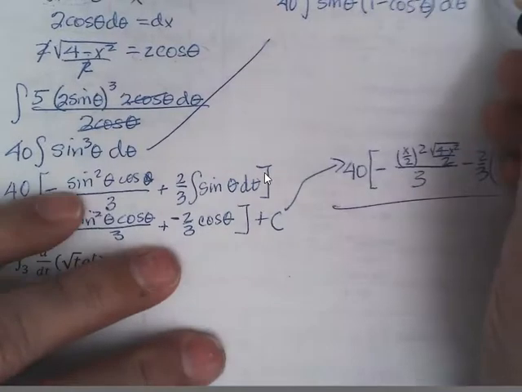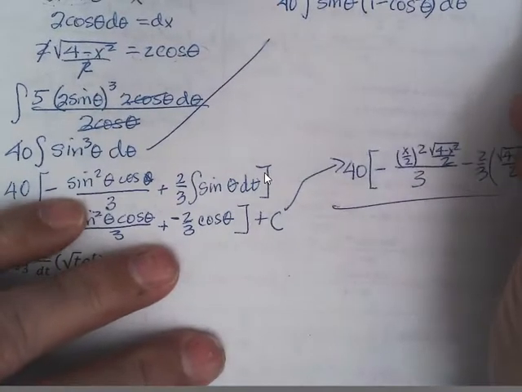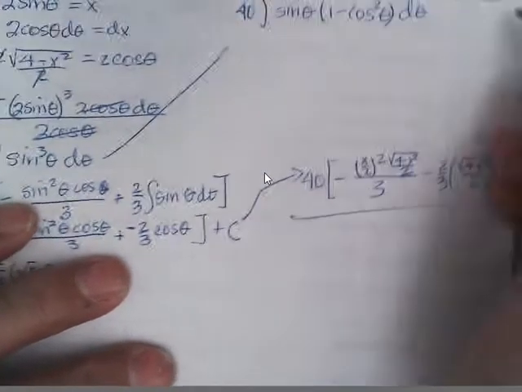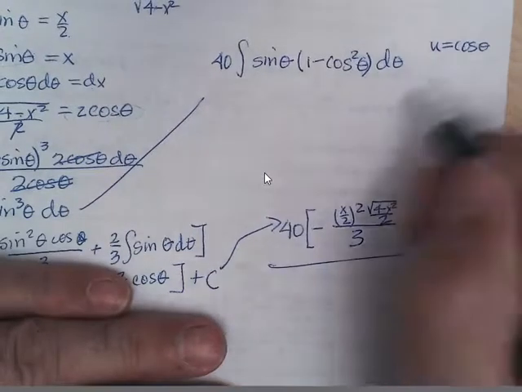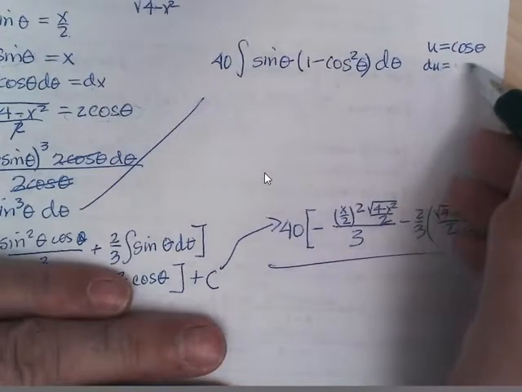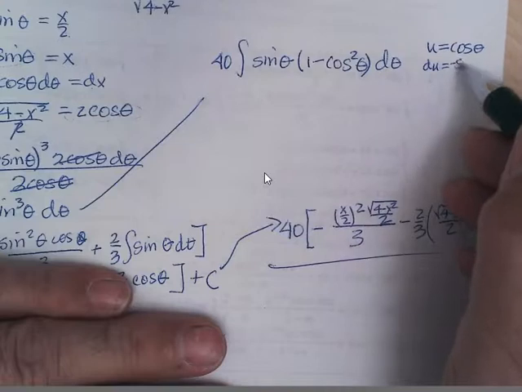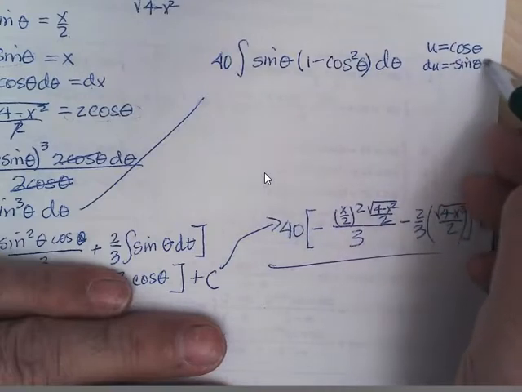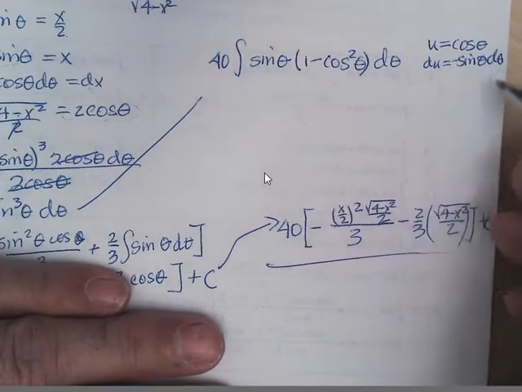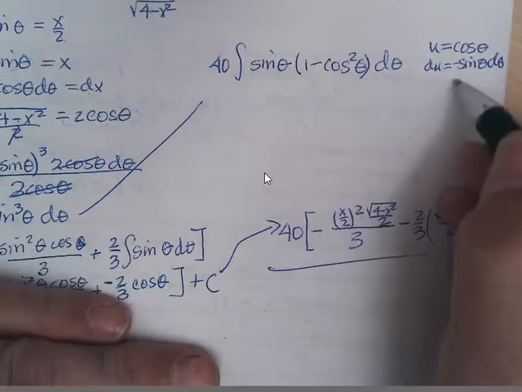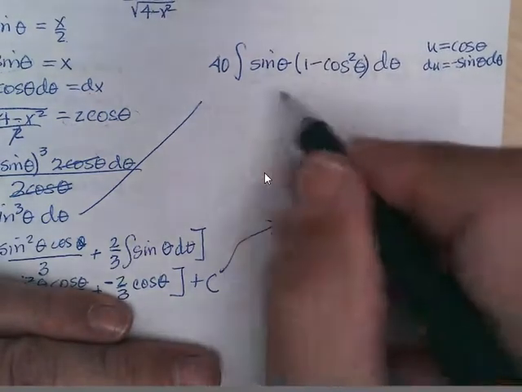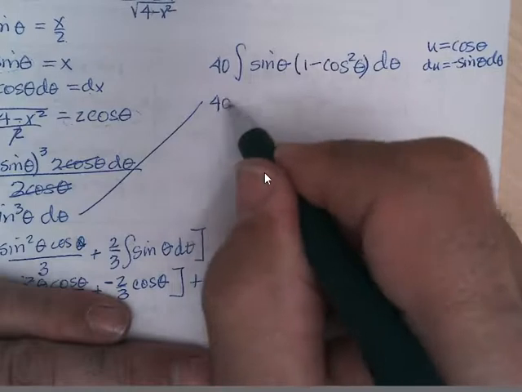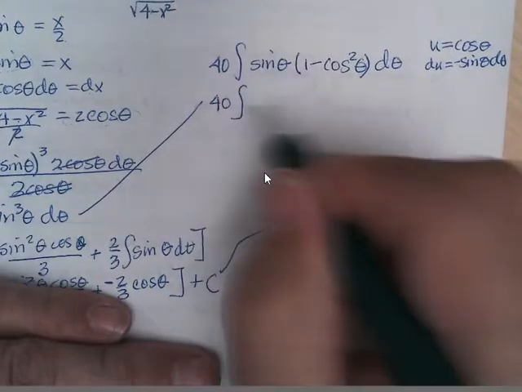And if I let u be cosine theta, du would be negative sine theta d theta. And so d theta would be du over sine theta. And you can see how the sine theta would cancel here.